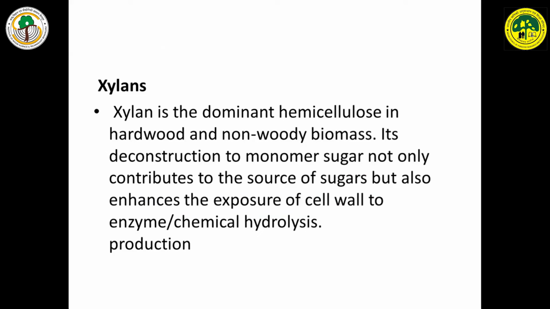That means we are making the polymer into monomeric units by addition of acids. Either by enzyme hydrolysis or chemical hydrolysis, we can make the xylan polymer into monomeric units.